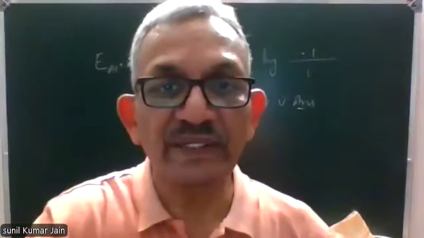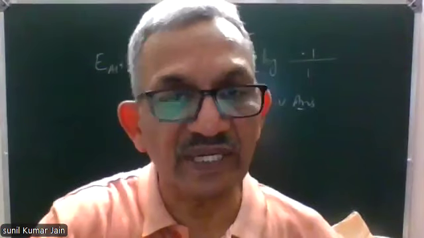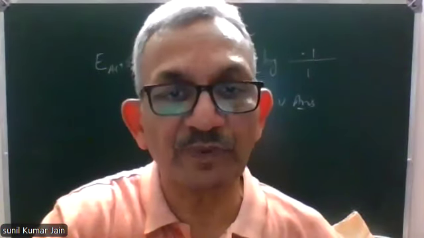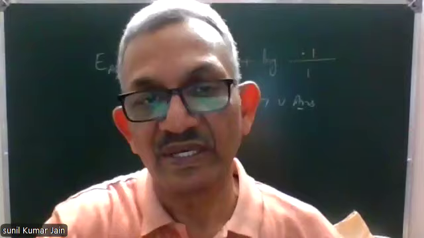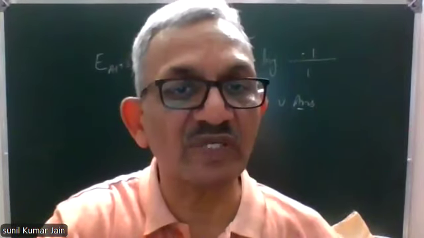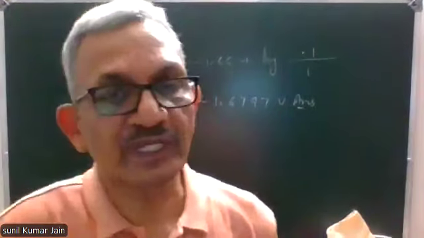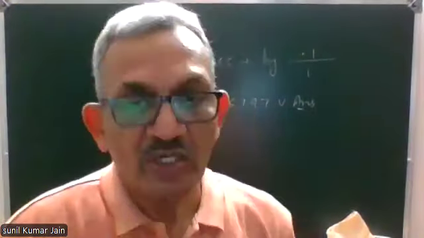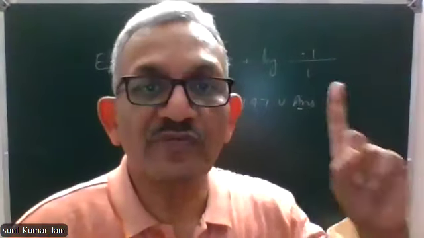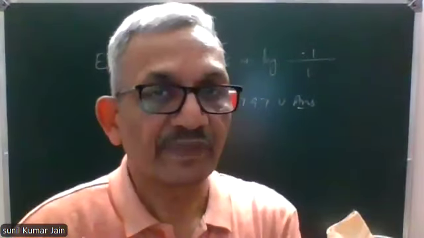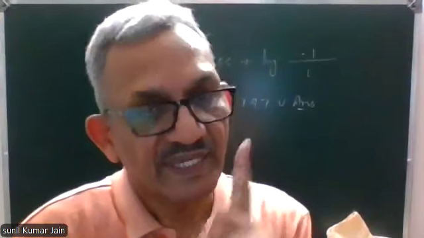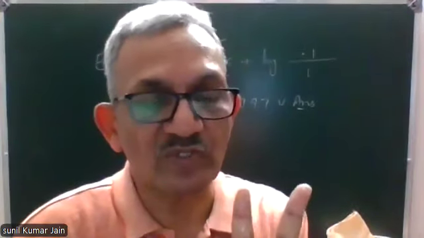I'll suggest you one thing. Whenever there's a numerical on the Nernst equation, calculate up to the 4th decimal place, because changes in reduction potential values are very small. So this is the Nernst equation for an electrode. But you know, a cell consists of 2 electrodes.